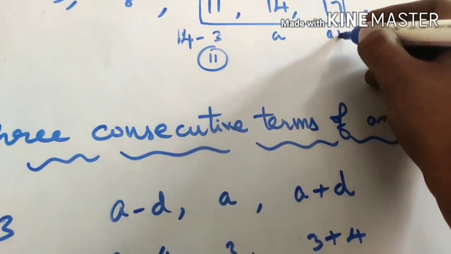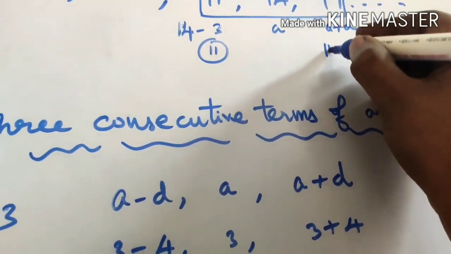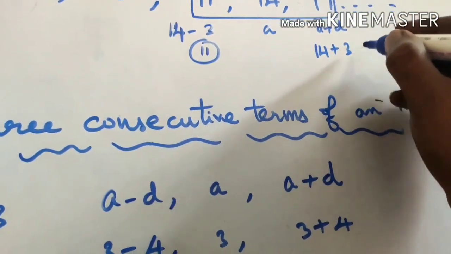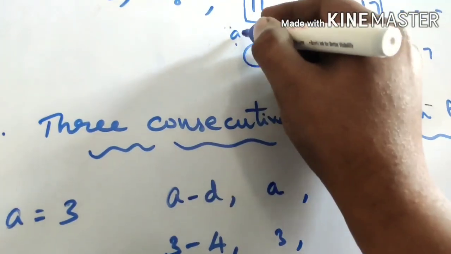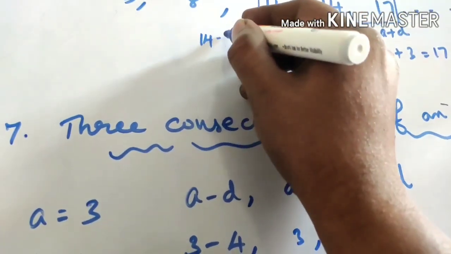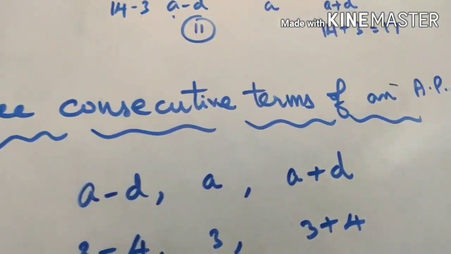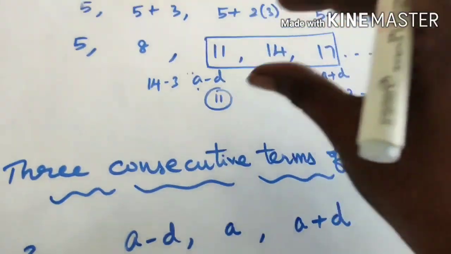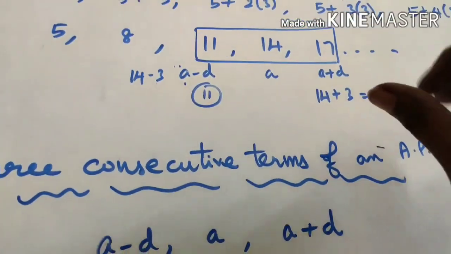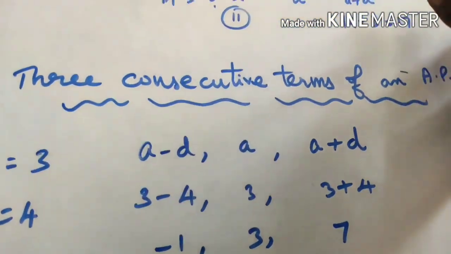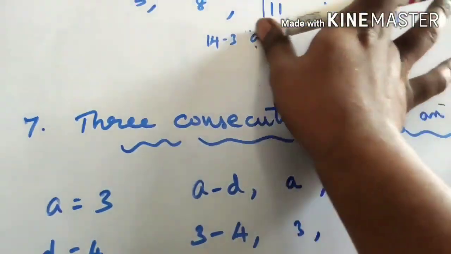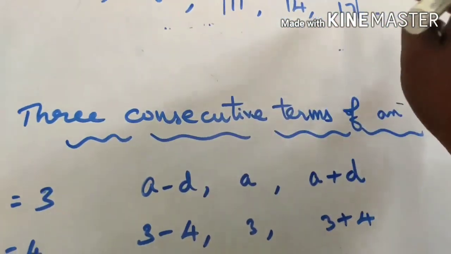And this will be in the form a plus d. That means 14 plus 3, we are getting 17. So this is the a minus d form, 14 minus 3. So that's what we are saying. Any three consecutive terms in an AP will be in this form only: a minus d, a, a plus d. Clear? So this is three consecutive terms.